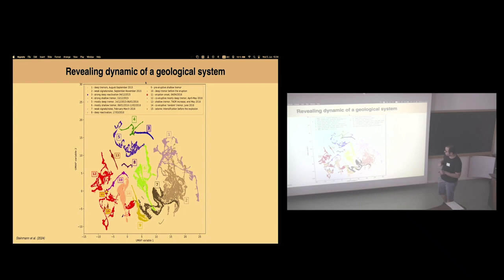And after a while, again, we have a deep reactivation in our data, in the volcano. And then we have a pre-eruption shallow tremor. And after that, there is a deep tremor before the eruption. And then the eruption starts here.